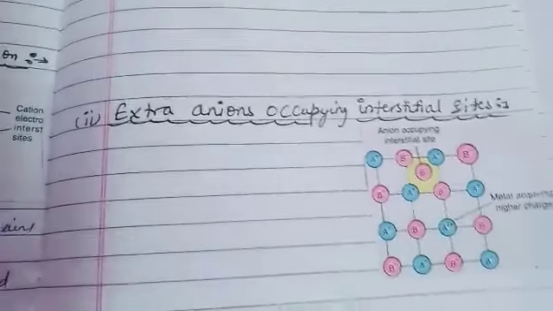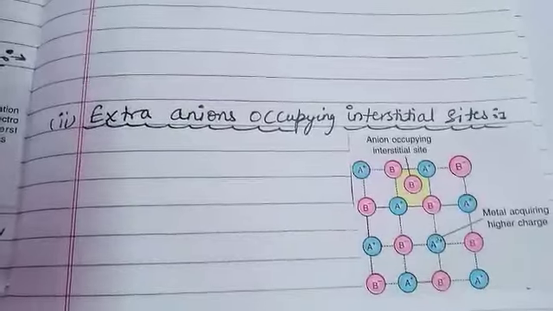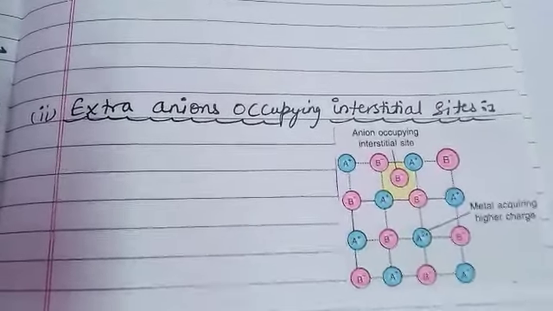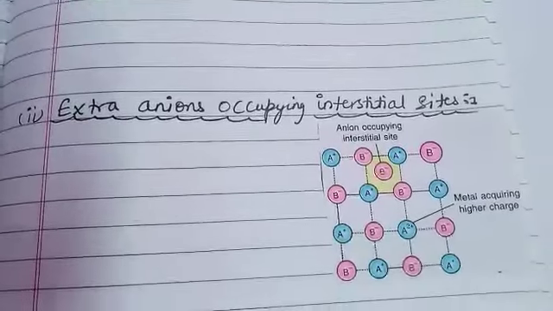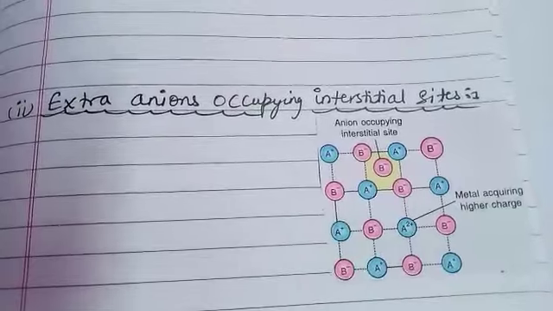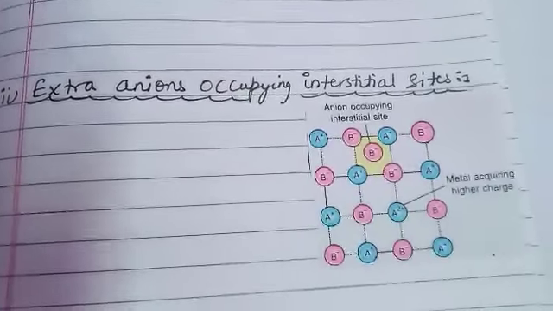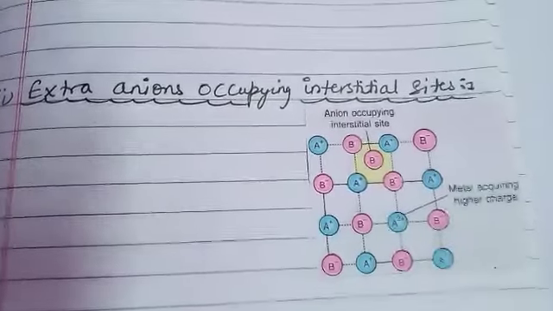Now another one we have is extra anions occupying interstitial sites. In metal deficiency defect, either cations leave their sites, or extra anions go to the interstitial site. But keep it in mind, this possibility is very less, this type of defect is very uncommon. Why? What's the reason?